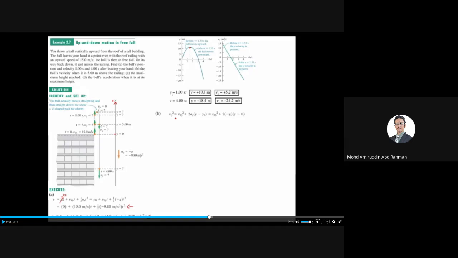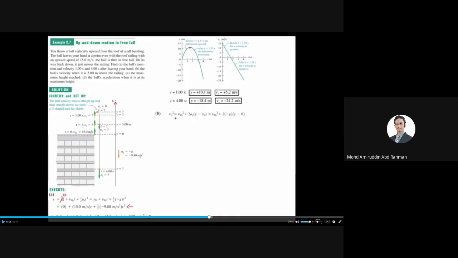So you can start at t equals 0 and then increment by 0.1 second, every time calculating the y and also the v_y. That is 0, 0.1, 0.2, 0.3, 0.4 until 4, so basically you will have 40 data points. Once we have the 40 data points, you can plot the graph. So that's example A.